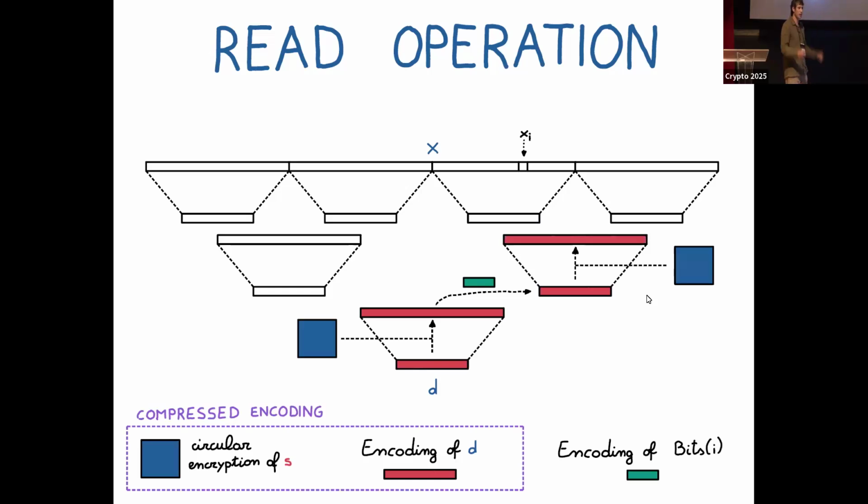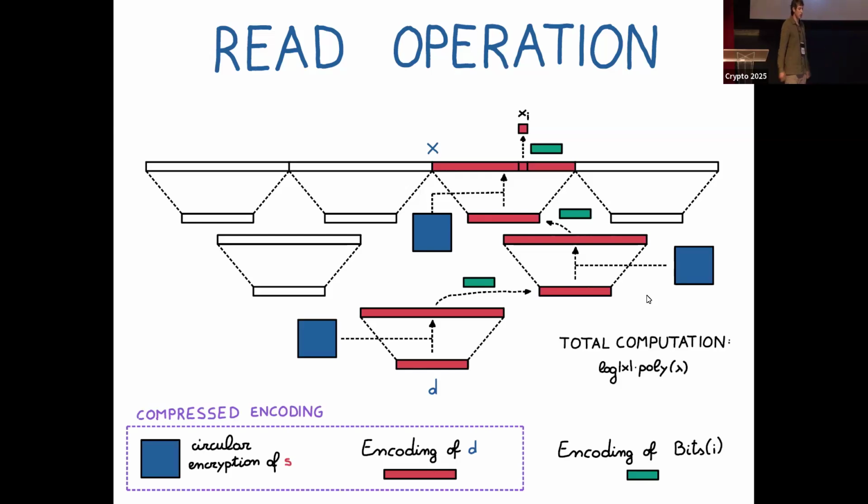And so we can go up again, an encoding of the concatenation of two digests. I select for the one on the left using the BGG plus encoding of the bits of I, and I repeat until I reach the leaf, and I have a BGG plus encoding of xi. Total computation is polylogarithmic in the size of the memory because we need to do an expansion for each layer of the tree.